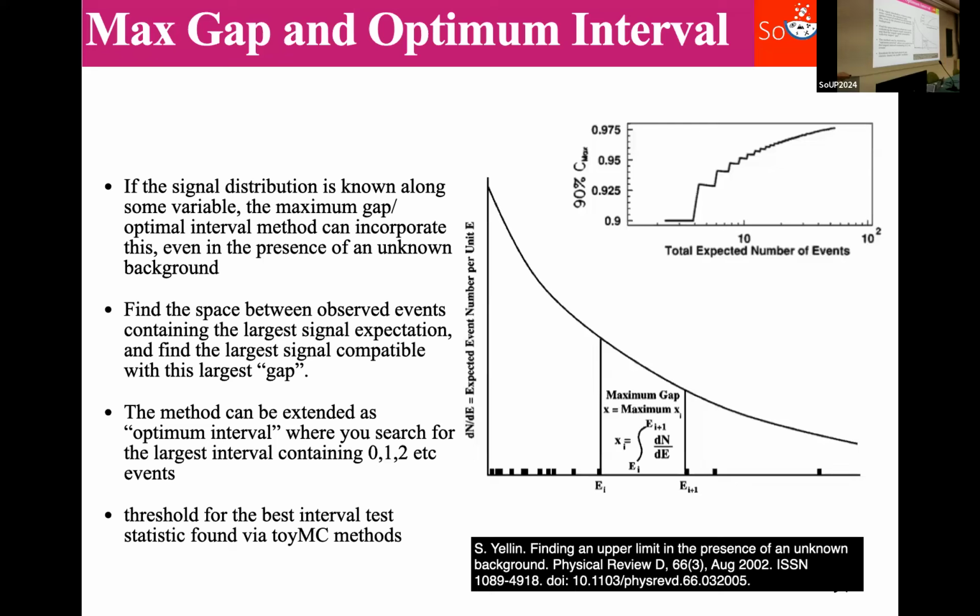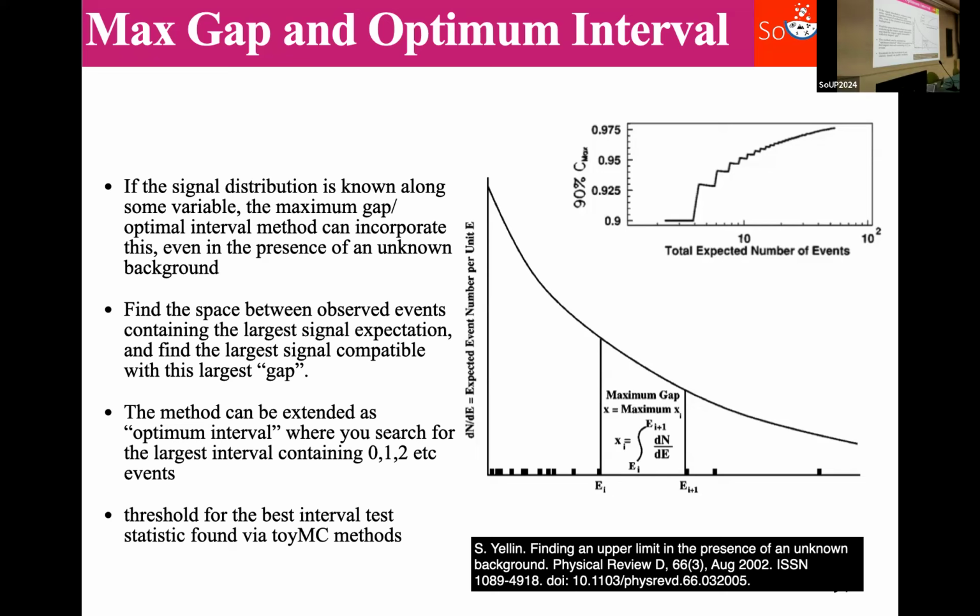And so this optimal interval and max gap method is about finding this maximum gap and converting how much signal should have been there, if the signal hypothesis is true, to the actual upper limit. And that allows you to do better than just counting because you're taking the spectral information into account. You're essentially looking for the most background-free region here, because you're assuming actually most of this is background.